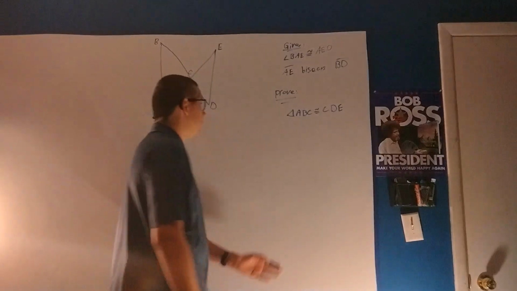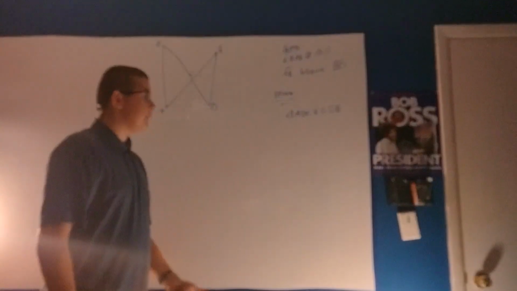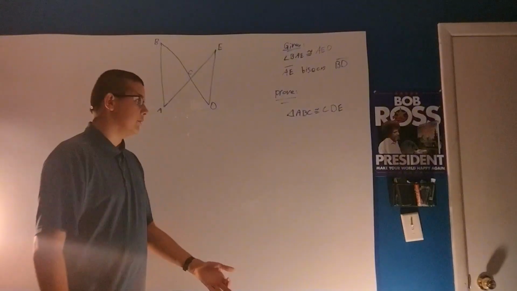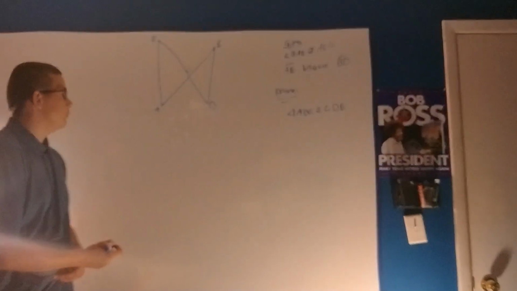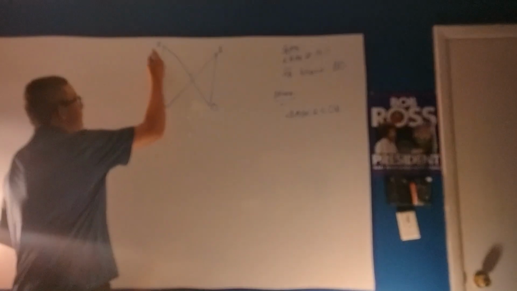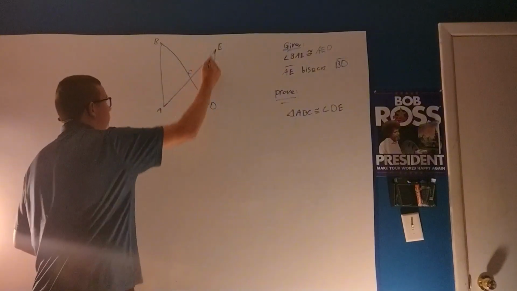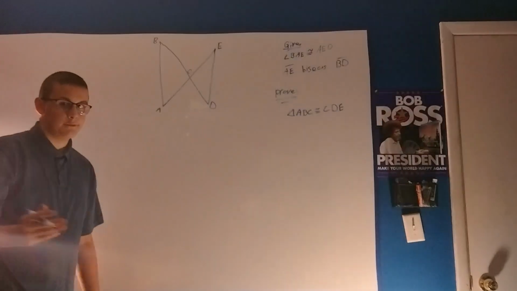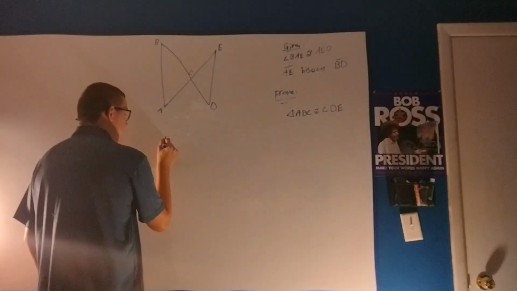CBD was the last one. So we're told this, and we're trying to prove triangle ABC is congruent to triangle CDE. So pause, see if you can do this one on your own, trying to prove that this triangle here is congruent to this triangle here, both halves. So try that one.